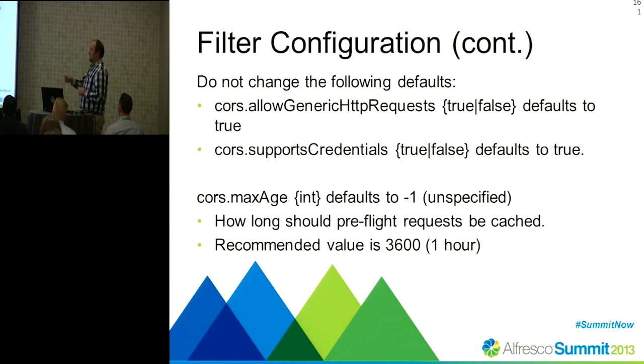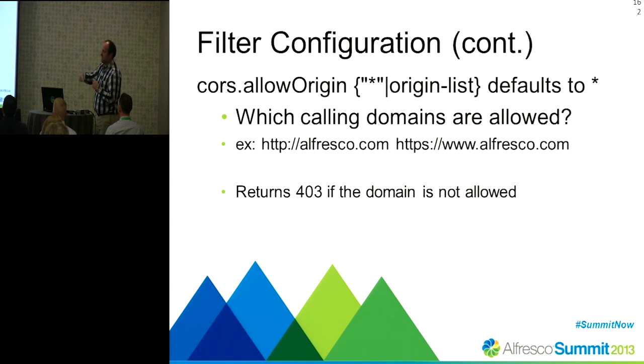If you do this, don't change the generic HTTP request or support credentials. We want Alfresco to support authentication, and we want to allow Share to continue to work against that. We also want to be able to cache, so that when we make our calls, the browser doesn't have to make calls over and over again, so we can give it a time to live.